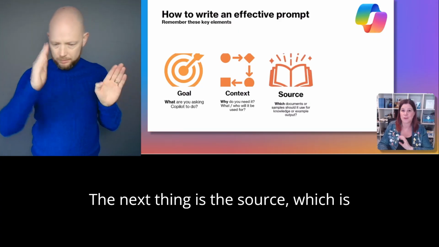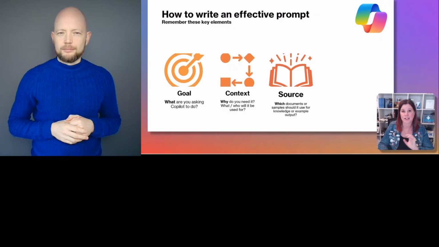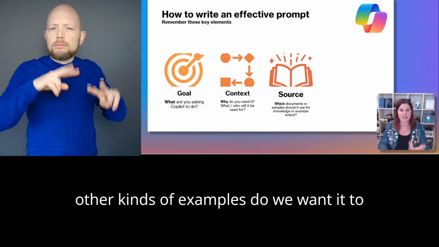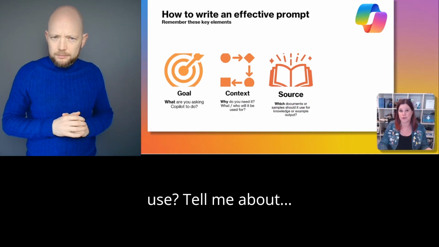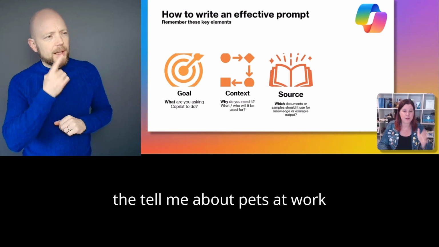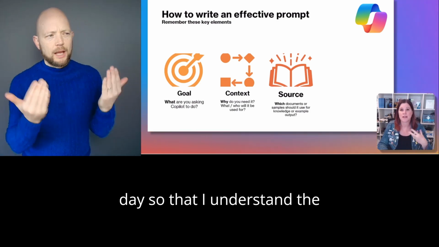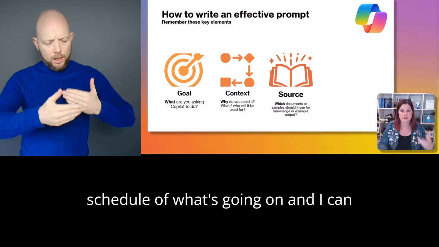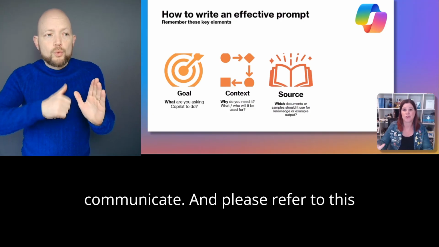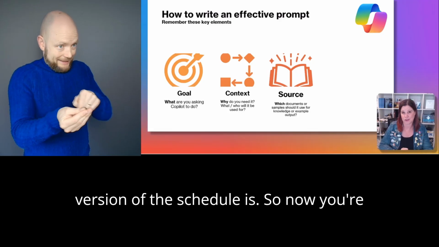The next thing is the source, which is exactly what we've just been looking at. Which documents, emails, meetings, other kinds of examples do we want it to use? Tell me about pets at work day so that I understand the schedule of what's going on and I can communicate. And please refer to this planning document where the latest version of the schedule is.